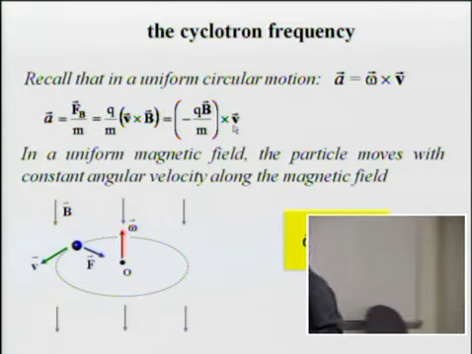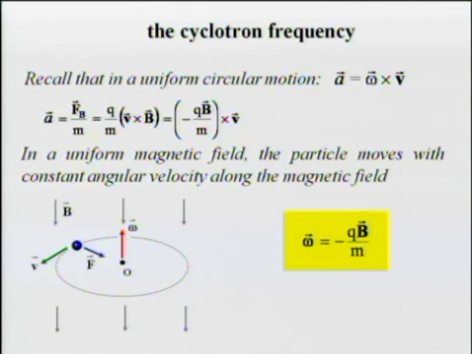So what is my conclusion? In a uniform circular motion, in a uniform magnetic field, the particle moves with a constant angular velocity, which is aligned with the magnetic field vector. And actually, if the charge of the particle is positive, angular velocity is in the opposite direction than the magnetic field vector. It's over here.